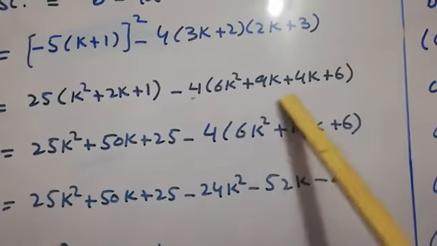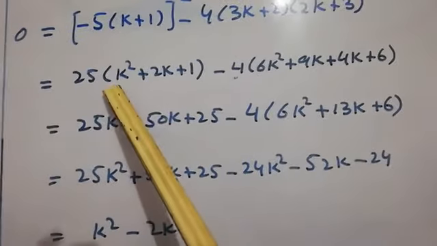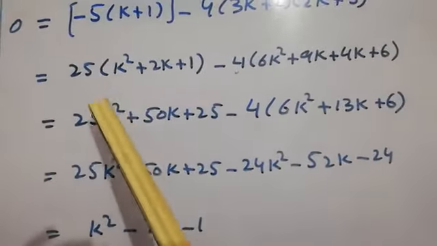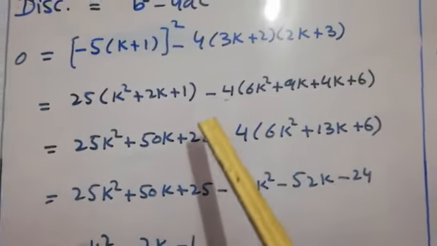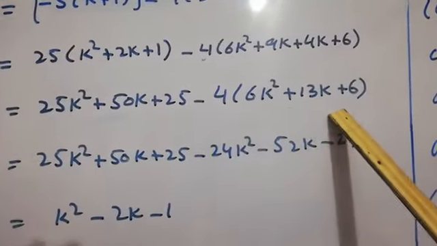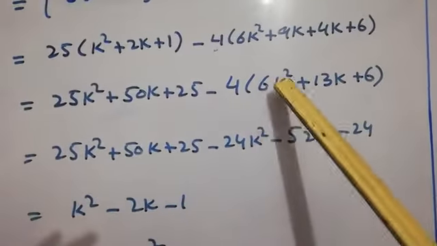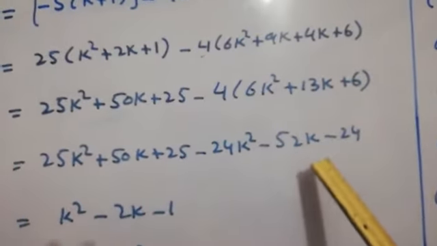First of all, we will add these two values, 9k plus 4k is 13k, and here we will remove the bracket: 25k² + 50k + 25, and here we will remove the bracket and multiply all the values by 4. Minus 4 sixes are 24, minus times plus is minus 52k, minus times plus is minus 24.